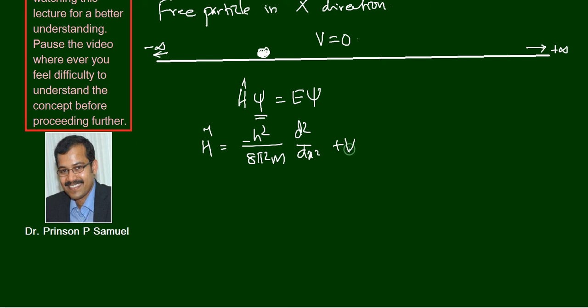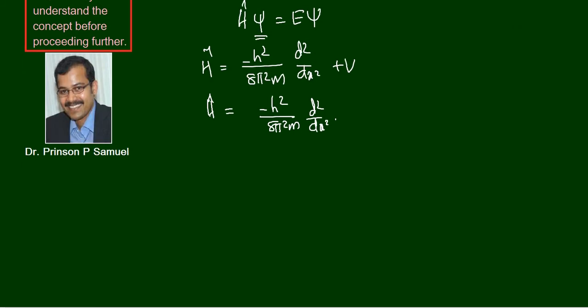Since in our case it is a free particle, V is equal to 0, so our Hamiltonian reduces to H cap equal to minus h square divided by 8 pi square m d square by dx square. With this Hamiltonian, we can set up the Schrodinger wave equation for the system.